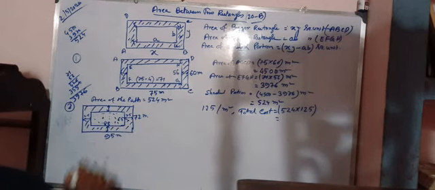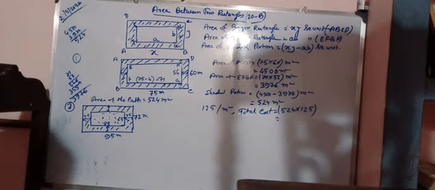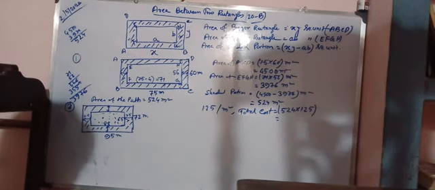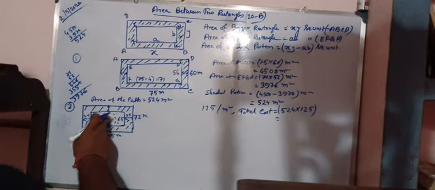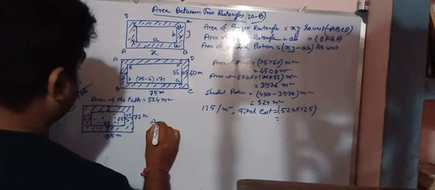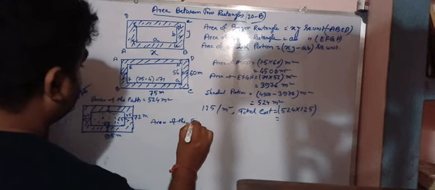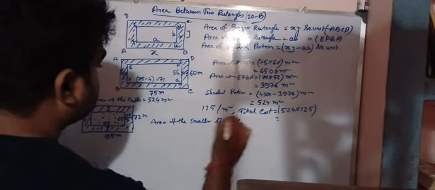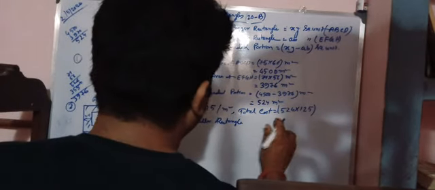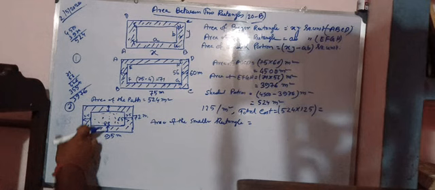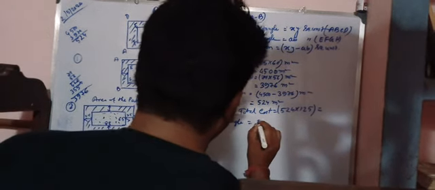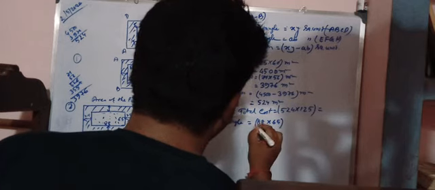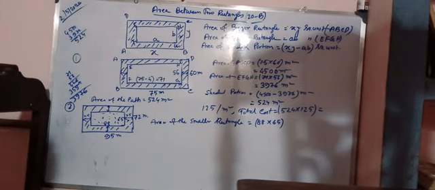So the area of the smaller rectangle should be 88 into 65. This is my area of the smaller rectangle.